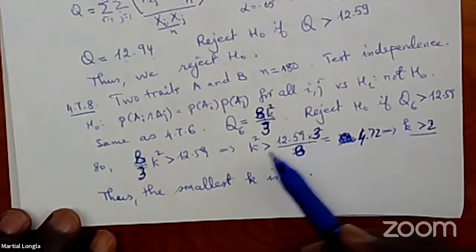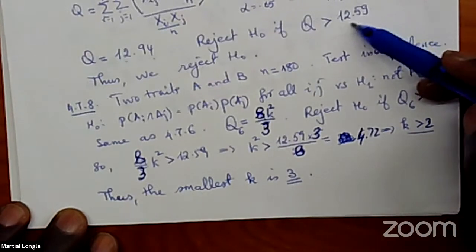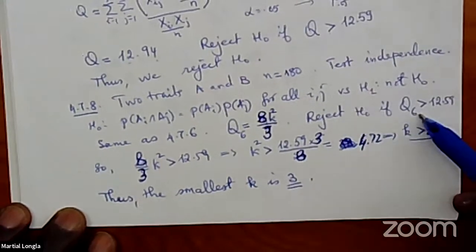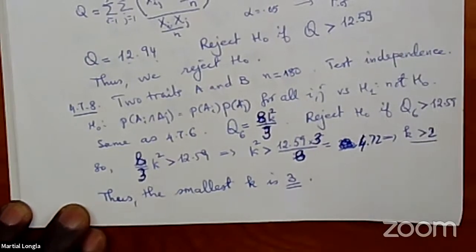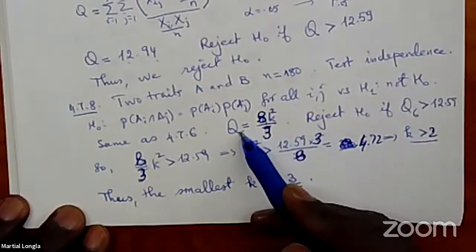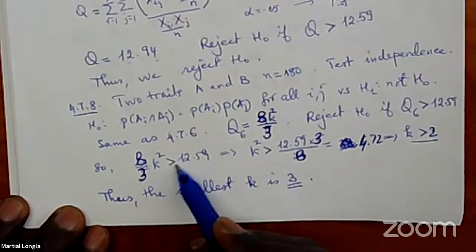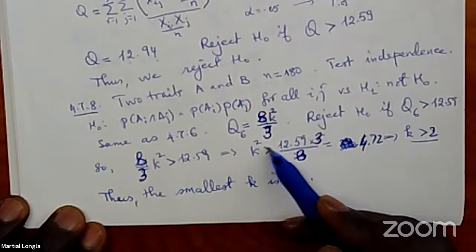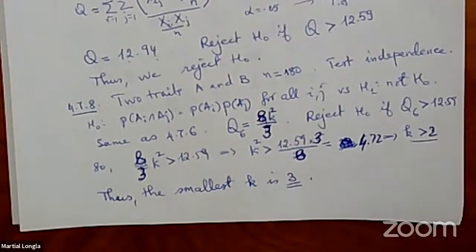And alpha being 0.05, it's the same chi square number that we have. So you would reject H naught if Q6 is larger than 12.59, same as there. And so you need to solve this Q6, what is it? It's 8K squared over 3 larger than 12.59, and you solve for K, you get that K squared is strictly larger than 4.72. So K is strictly larger than 2.